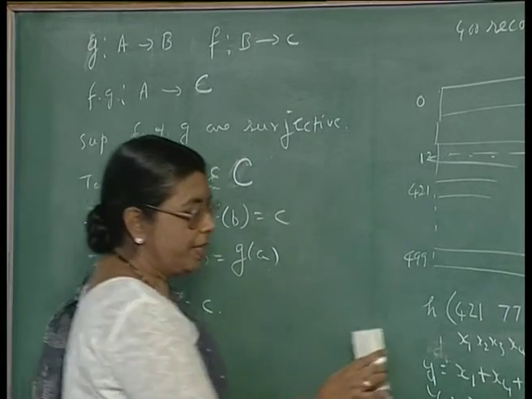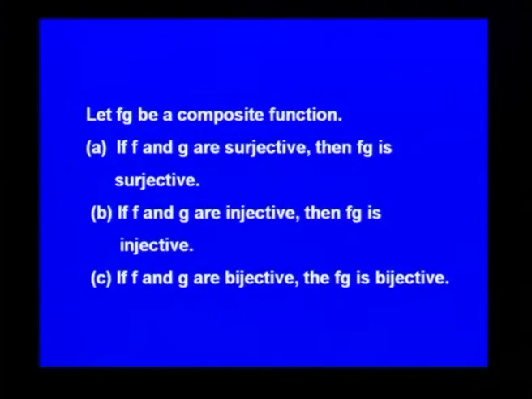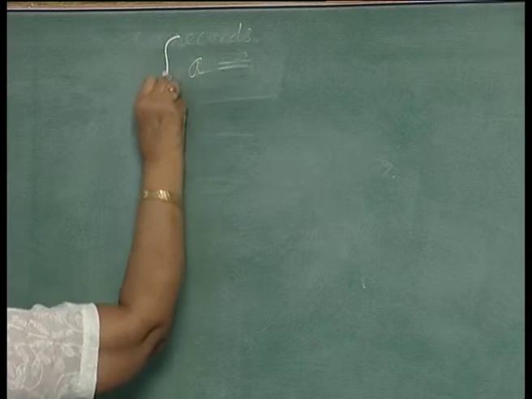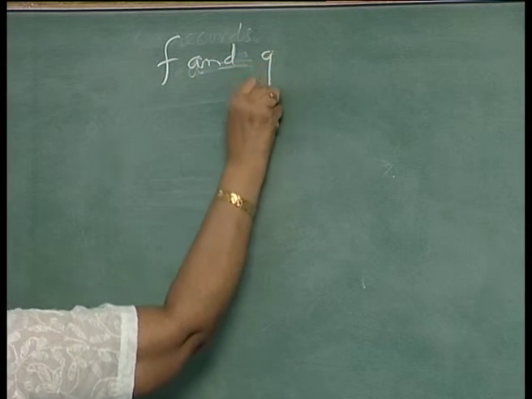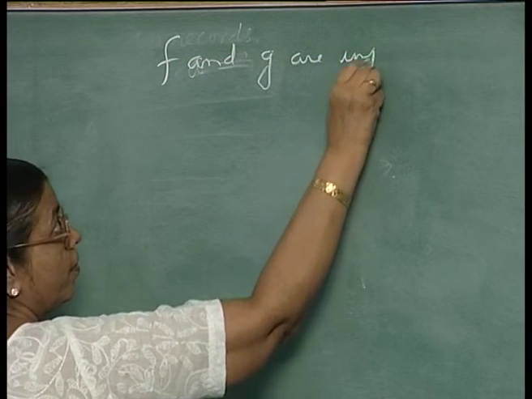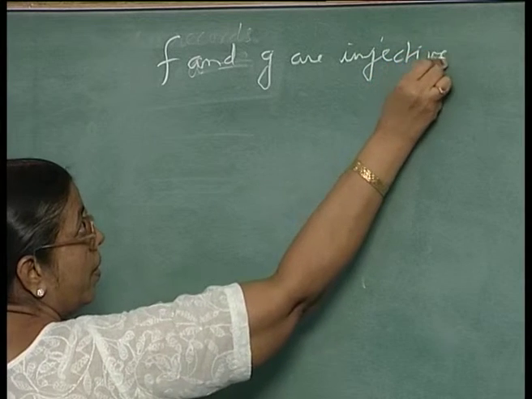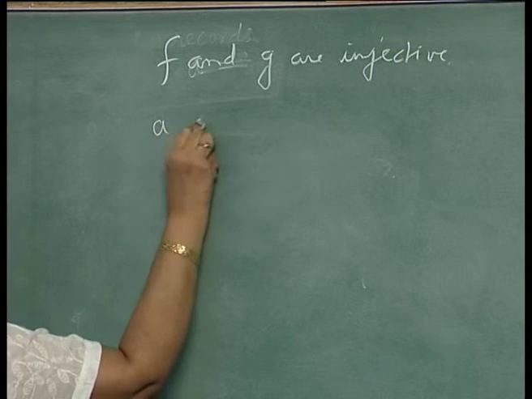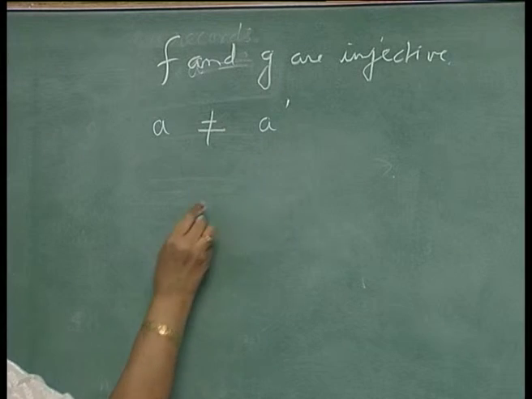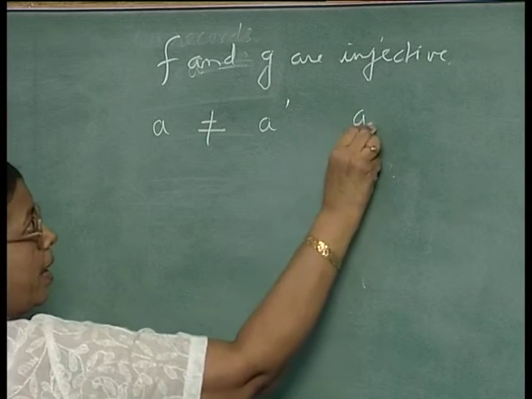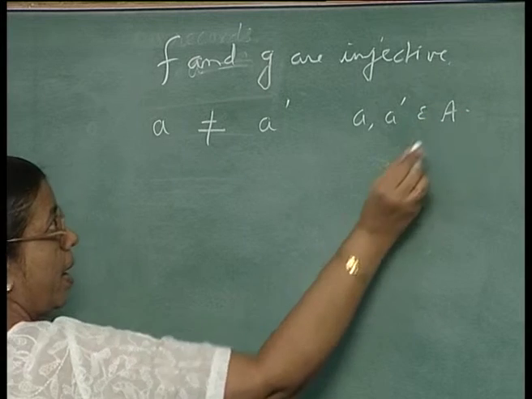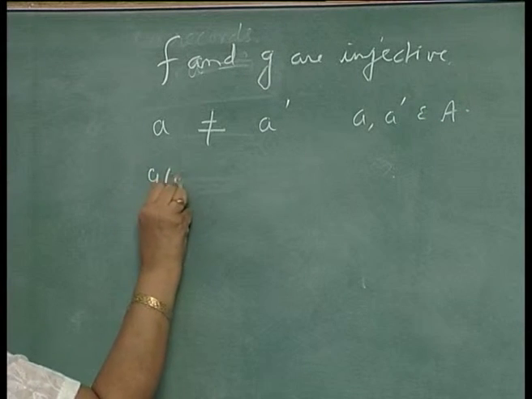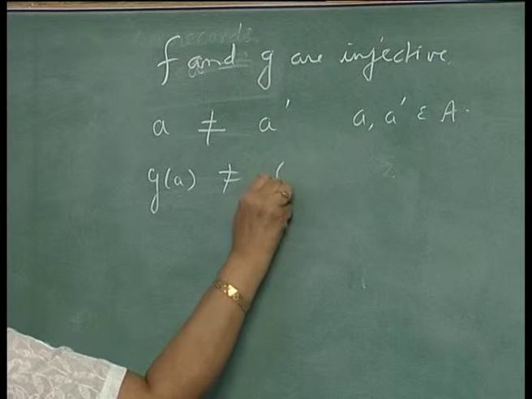Similarly, if f and g are injective, f g will be an injective function. What does that mean? Suppose f and g are injective, that is, take A not equal to A dash, both belonging to A. Then g of A will not be equal to g of A dash.